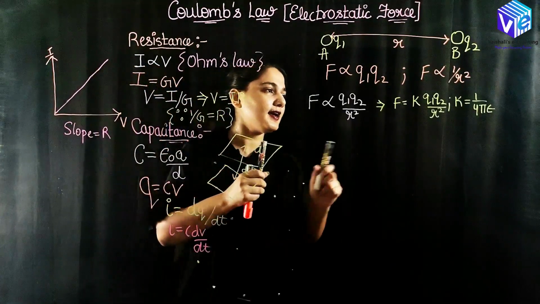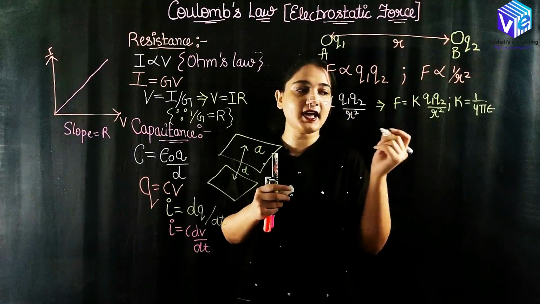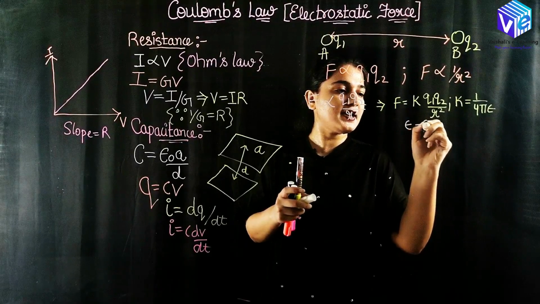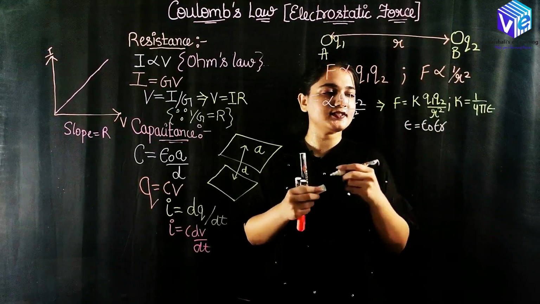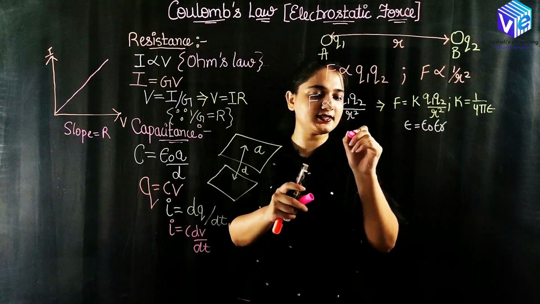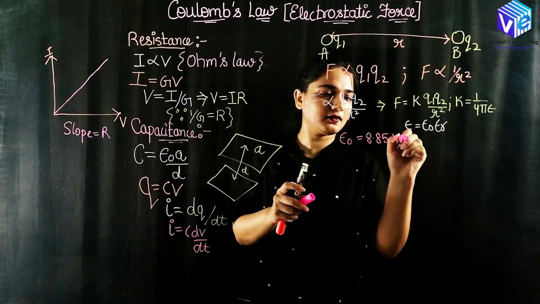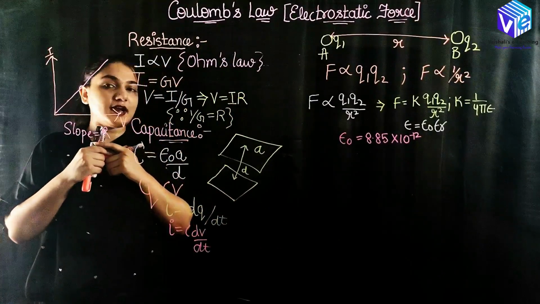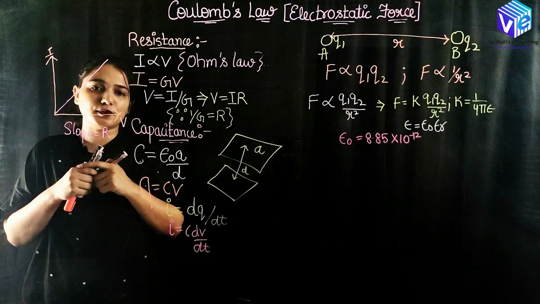Here in free space I have epsilon naught, and if I don't have free space, epsilon is given by epsilon naught into epsilon r, where epsilon naught is the permittivity of free space, equal to 8.85 into 10 raised to power minus 12.